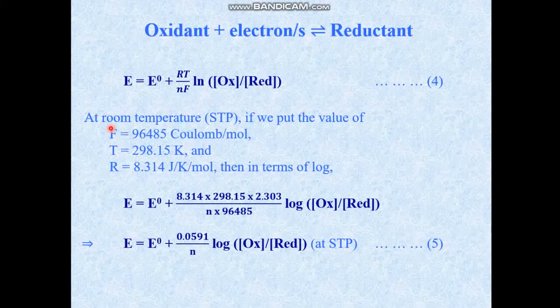So what about the description of the other parameters? F is the Faraday, T is the temperature, standard temperature 298.15 Kelvin, R is the universal gas constant.